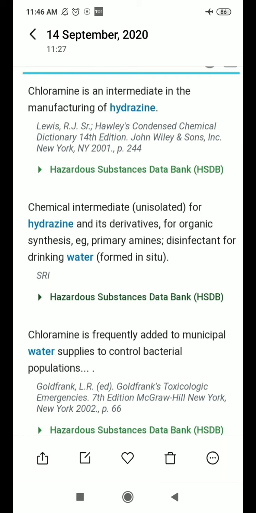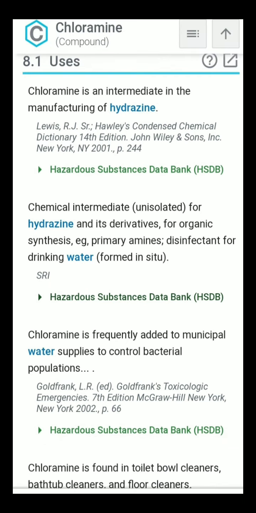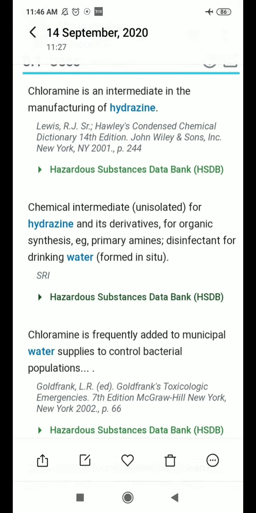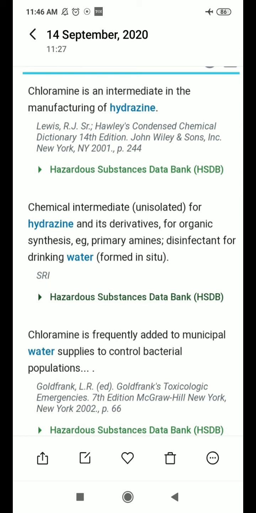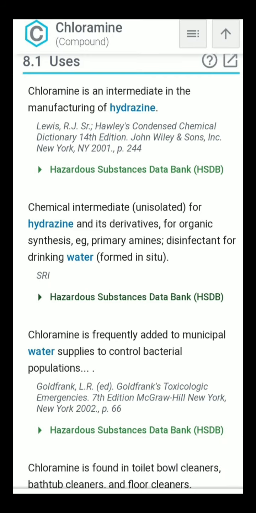Whereas antiseptics, what is the definition of antiseptics? The agent which can be used to kill microorganisms or bacteria present on living things is called an antiseptic. For example, alcohol.